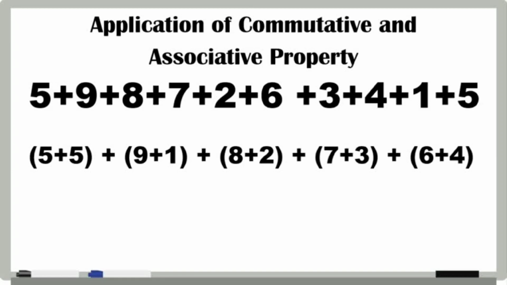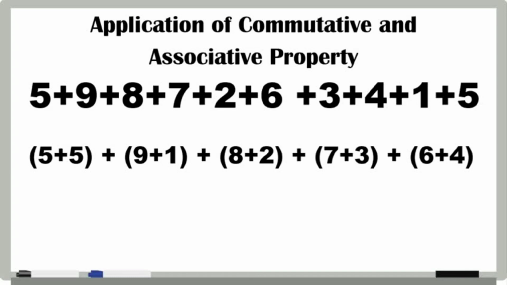So, as you can see, nire-order natin yung numbers and then nire-group natin. Group natin yung numbers na kung saan ang magiging sum ay 10. So, 5 plus 5, and then 9 plus 1, and then 8 plus 2, and then 7 plus 3, and then 6 plus 4. So, ginawa natin to para mas mapabilis tayong mag-add.